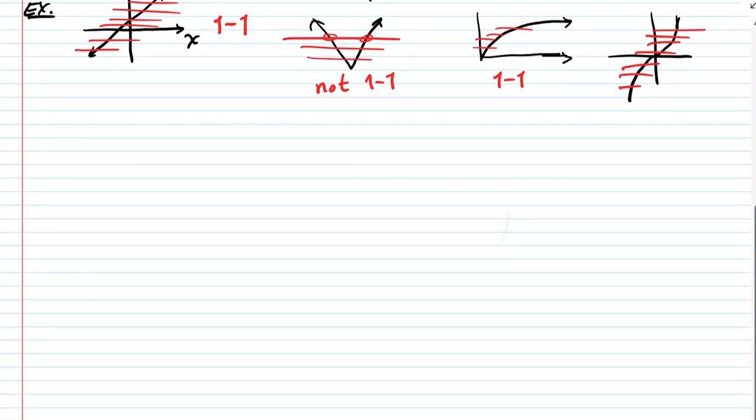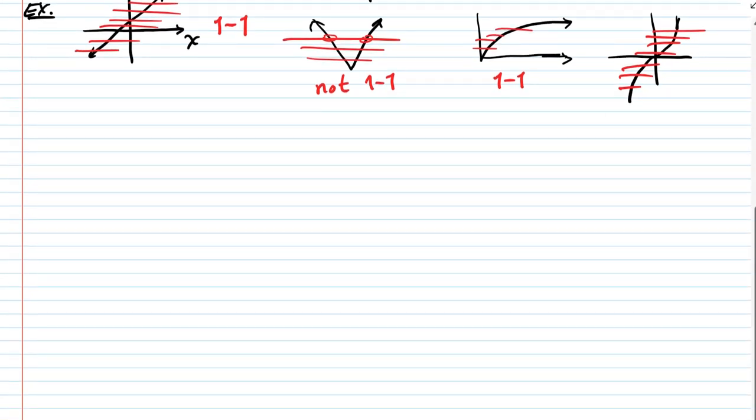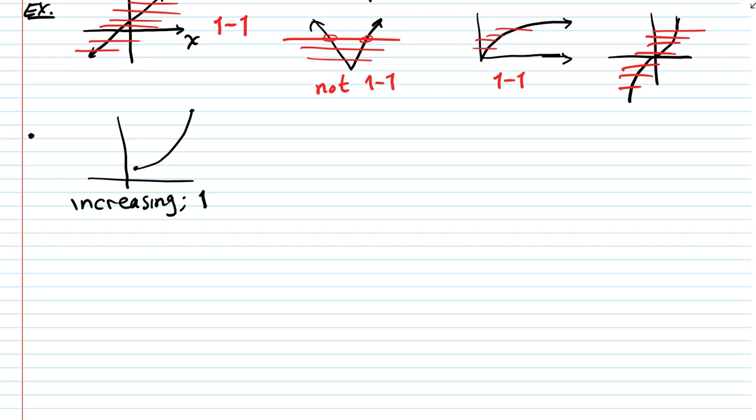Now, in terms of increasing or decreasing functions, if a function is increasing like this one, it will pass the horizontal line test. Therefore, increasing functions are one-to-one. So this function is increasing, and it is one-to-one.